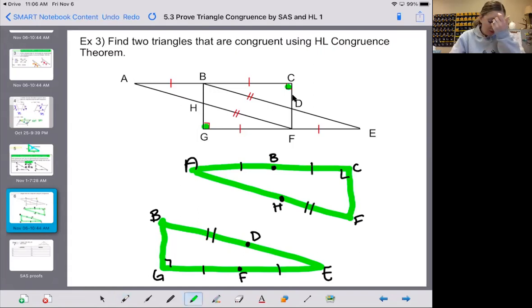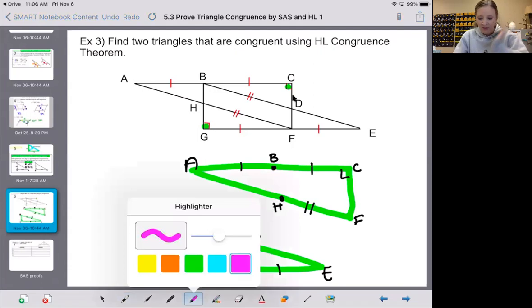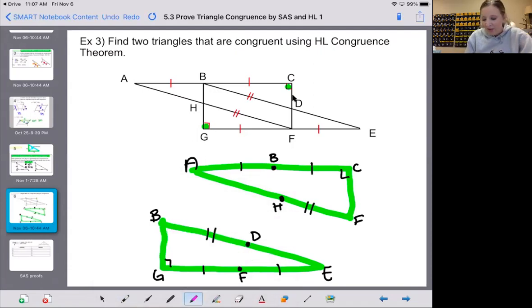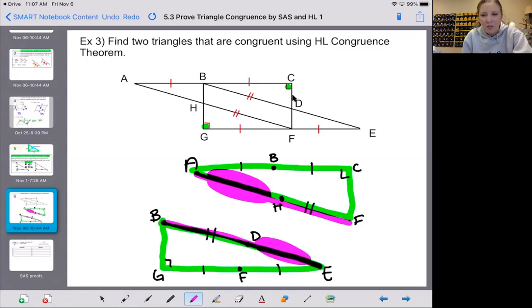Okay, so as I was marking these, I was noticing something. Do you see how segment BE doesn't have the second portion of segment BE marked, like from D to E is not marked? So when I look at segment BE and I compare it to segment FA, I don't know if this portion right here is going to be the same as this portion here because neither one of them are marked.